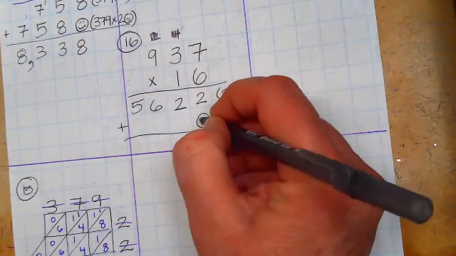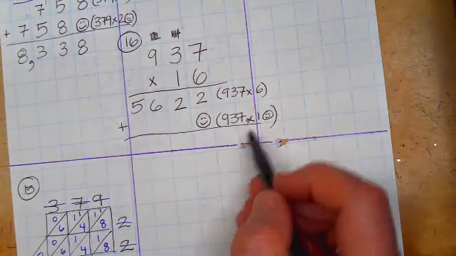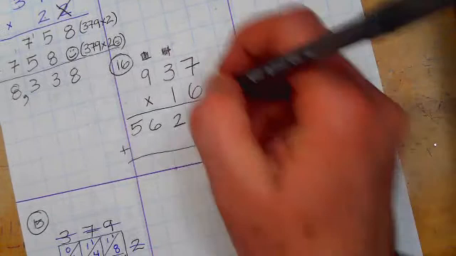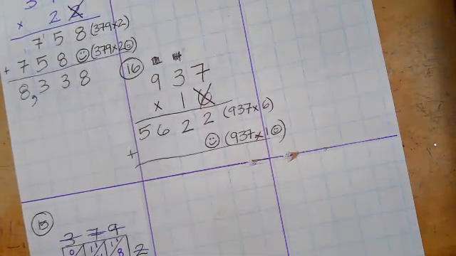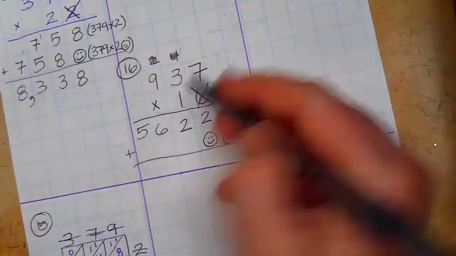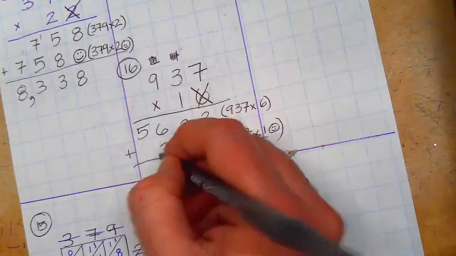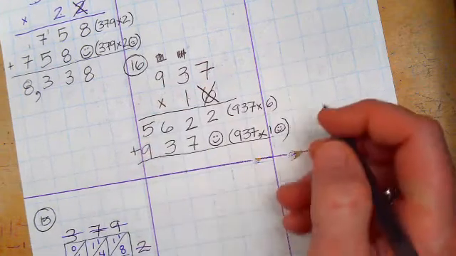I'm going to cross these out because I'm probably going to need to regroup again. Now I'm taking away my breath mint. I have to have a 0 right here because I'm multiplying by 10, not by 1, but by 10. I'm done with this 6. 7 times 1 is 7. 3 times 1 is 3.